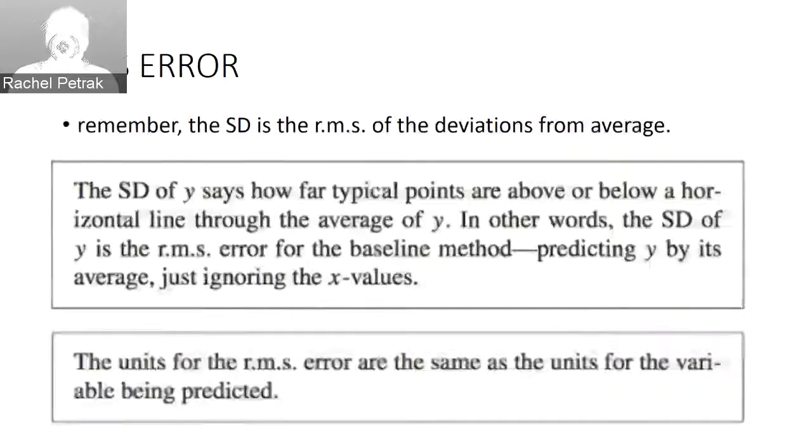And the SD of y tells us how far typical points are above or below a horizontal line through the average of y. So if this is the average of y, here's our horizontal line. And it's just telling us how far above or below things tended to be. They call this the baseline method, and it ignores the x values, which makes it a pretty poor predictor.